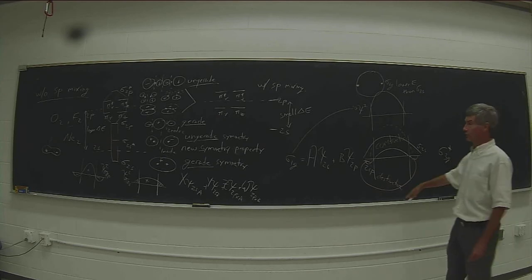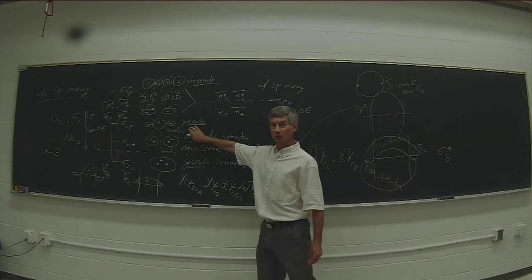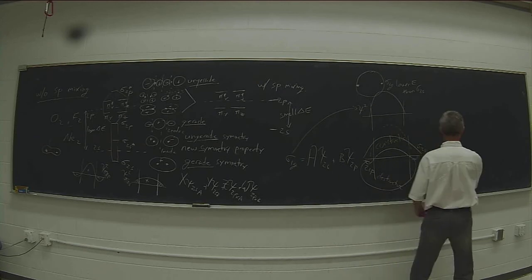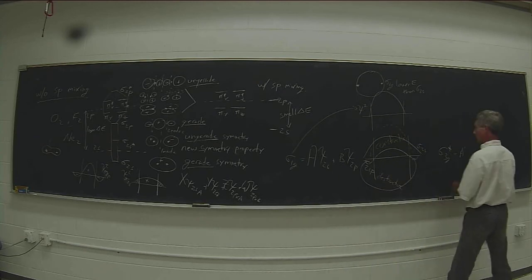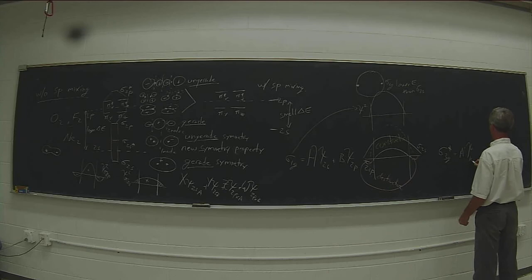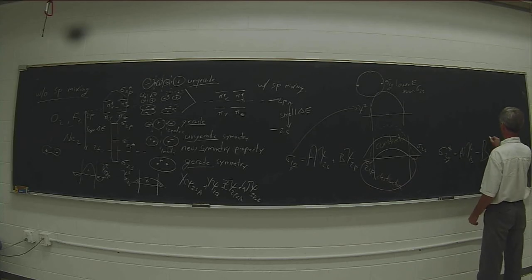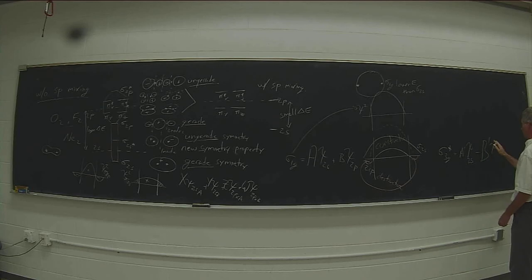It'll still have two nodes, because sigma 2p had two nodes. And it's going to be some small coefficient of the sigma 2s orbital minus a rather large coefficient of the sigma 2p. Right? So destructive overlap, which means it's going to be an anti-bond or a less bonding orbital.